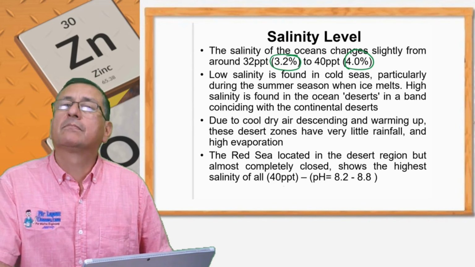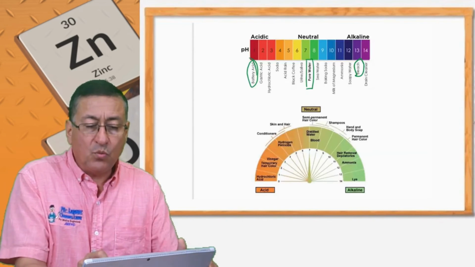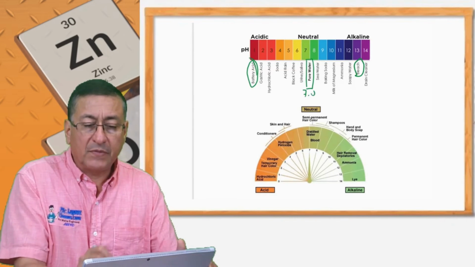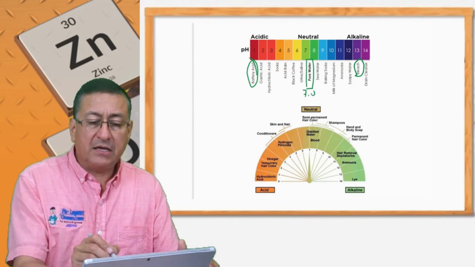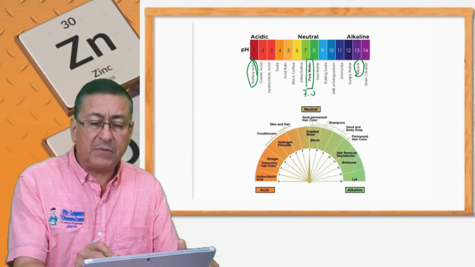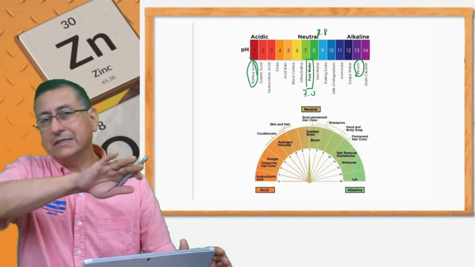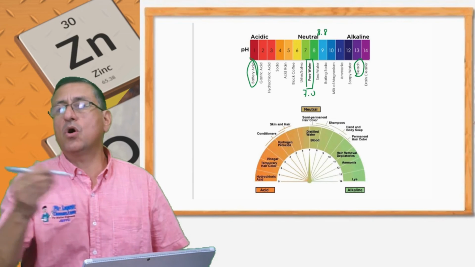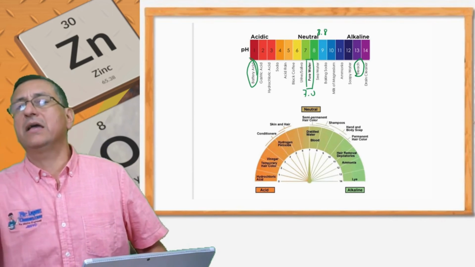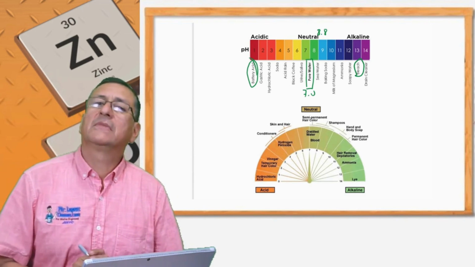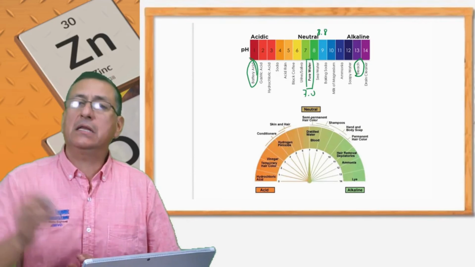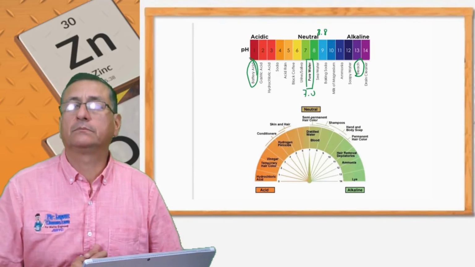Okay? The pH of pure water is 7.0, and salt water is located here. It's practically 9. It's 8.8. Salt water tries to go to the alkali extreme. Salt water is more alkaline than fresh water. Simple.